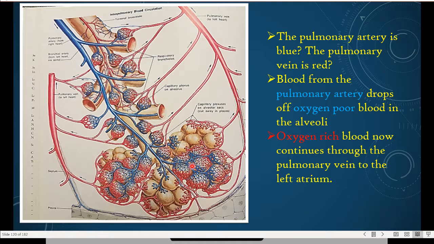The O2 sitting in the alveoli is going to diffuse from its higher concentration point into the lower concentration point. And it's going to then turn into the pulmonary veins, represented by the red. And here we go. We're going to make our trip back up and back to the left atrium.